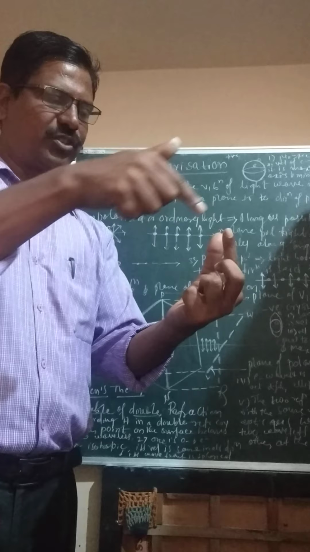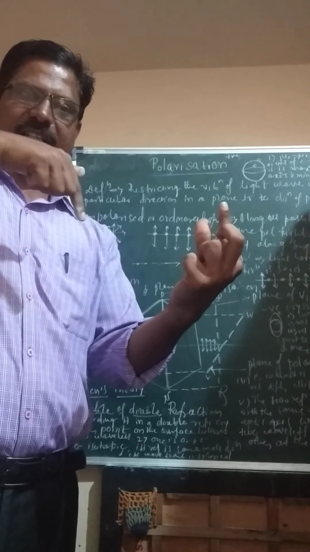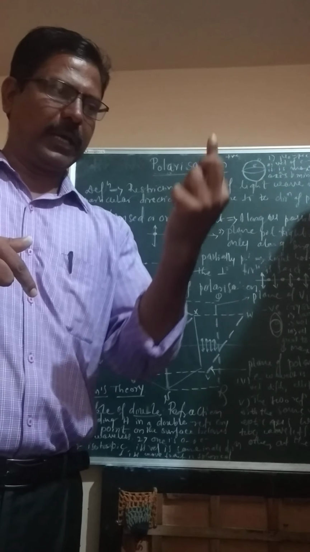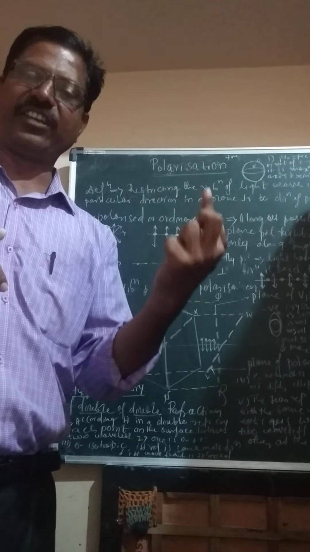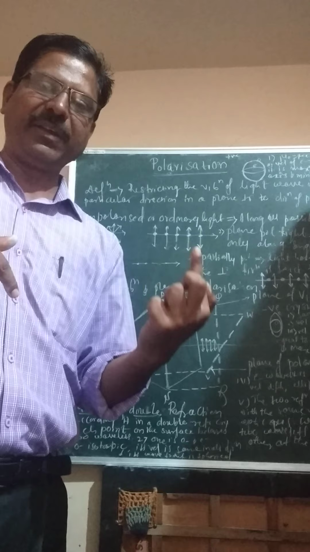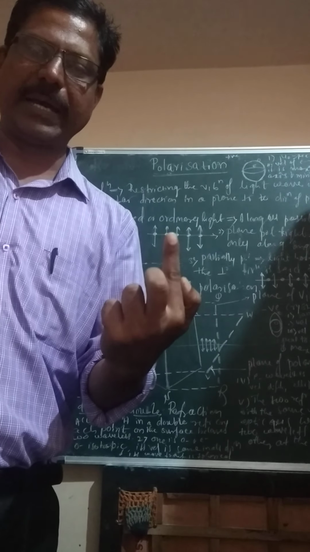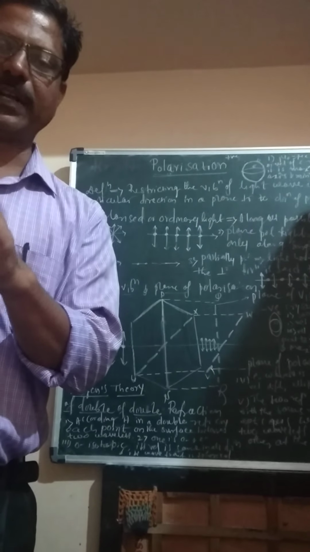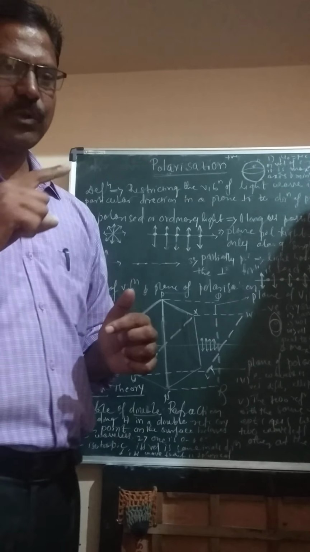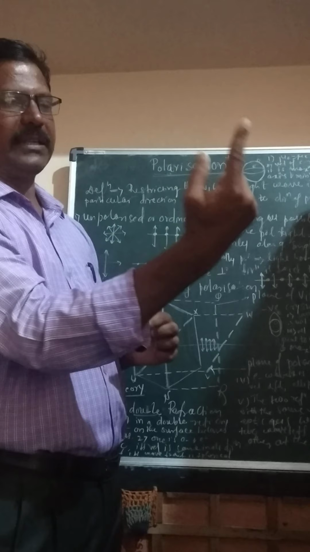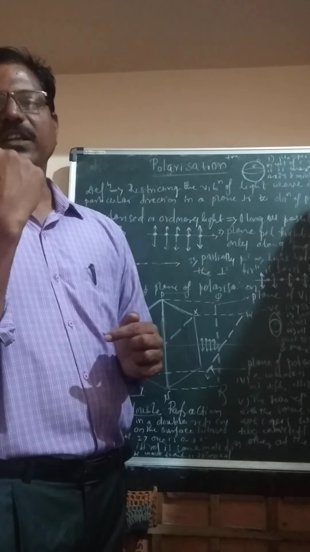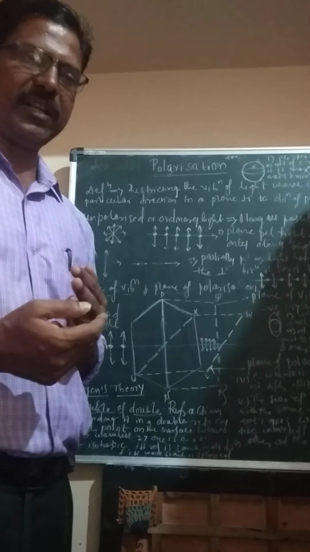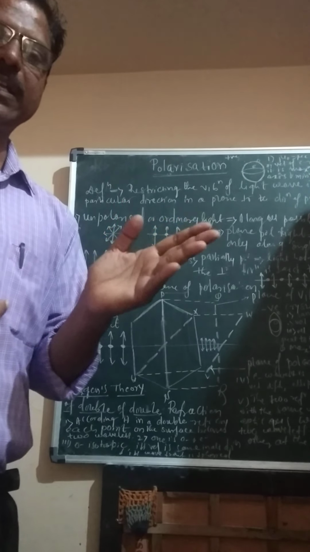The image which rotates around it is called the extraordinary image, and the rays coming out of it are called extraordinary rays.